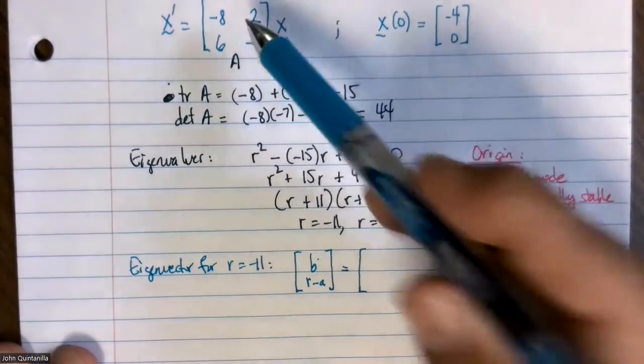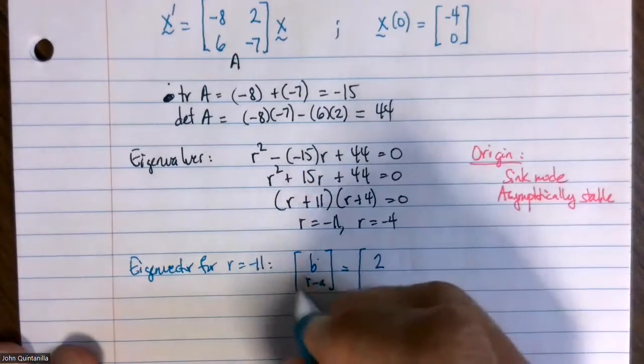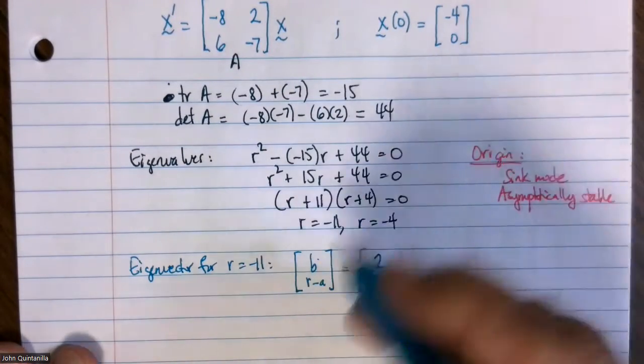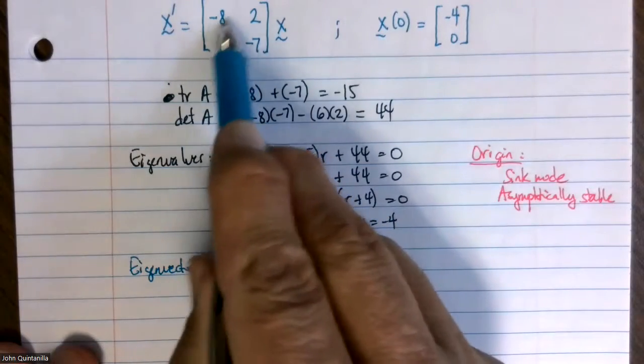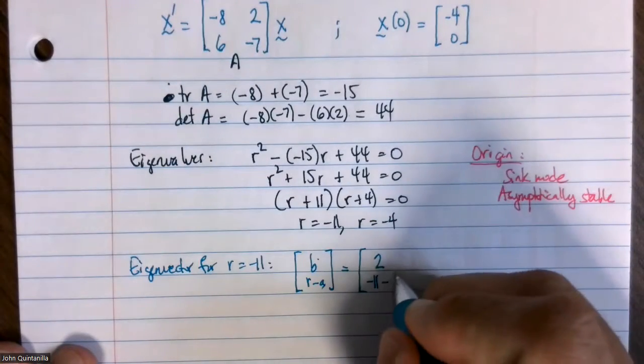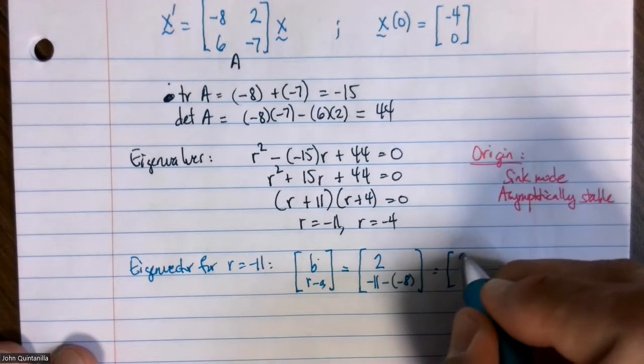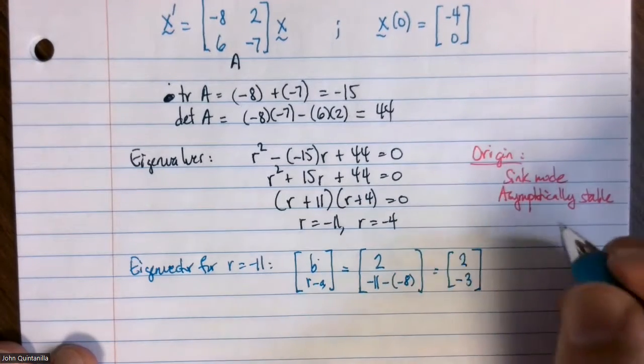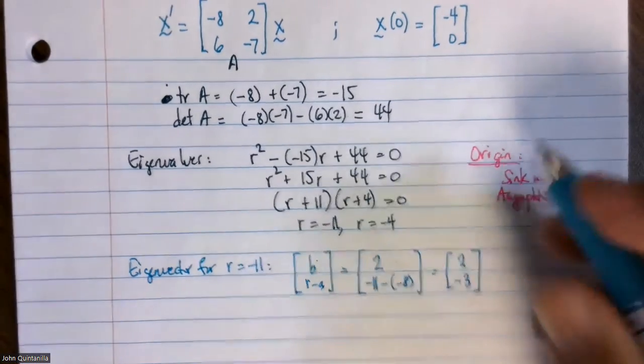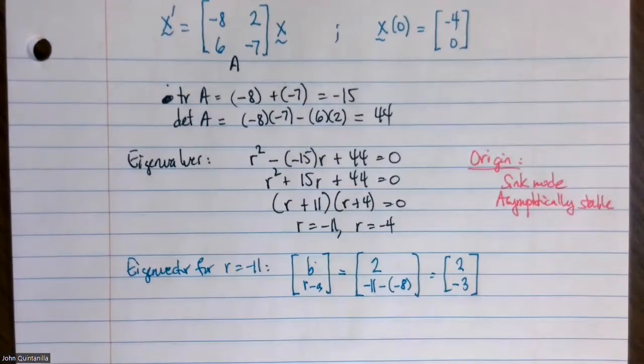The b is the upper right-hand corner of this matrix, 2. My r is -11 in this example. And the a is the entry in the upper left, so I get -8. And so I will get 2, -3 as an eigenvector for this direction. And any constant multiple will also work. There's no simplification necessary here. That's pretty simple as it is.